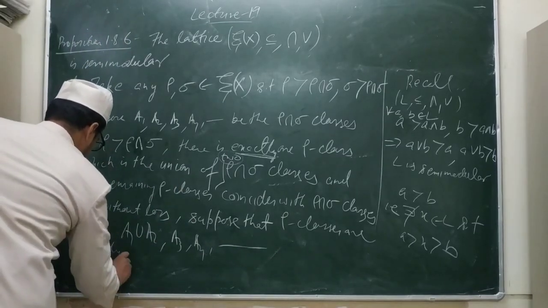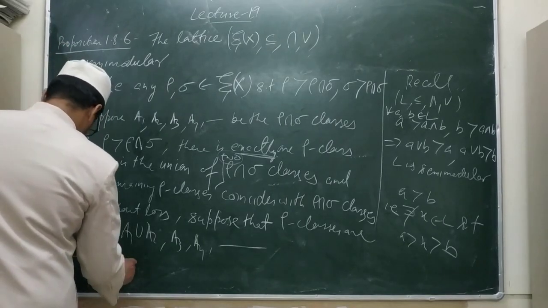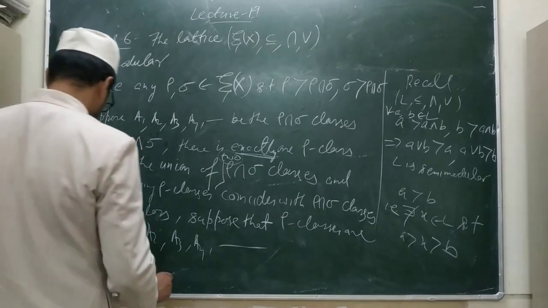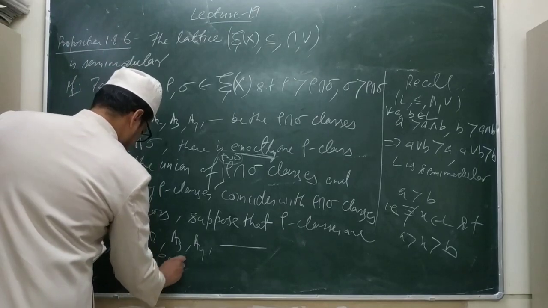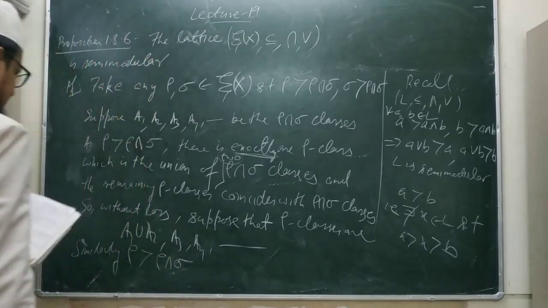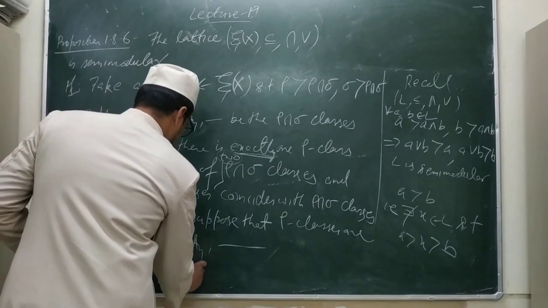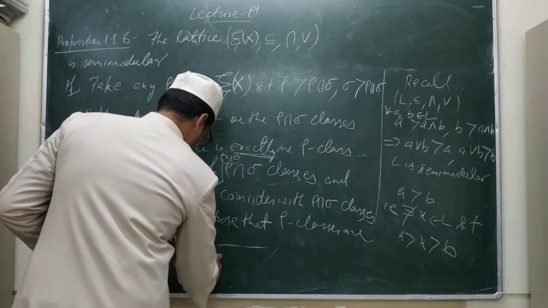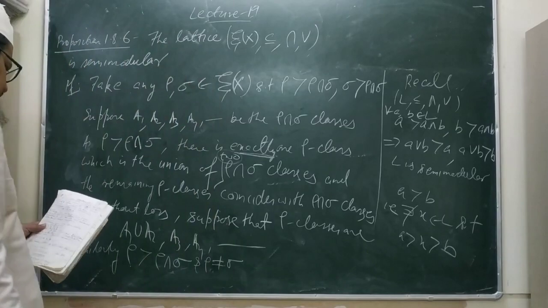Similarly, I write this here. Similarly, rho covers rho intersection sigma and rho is not equal to sigma.